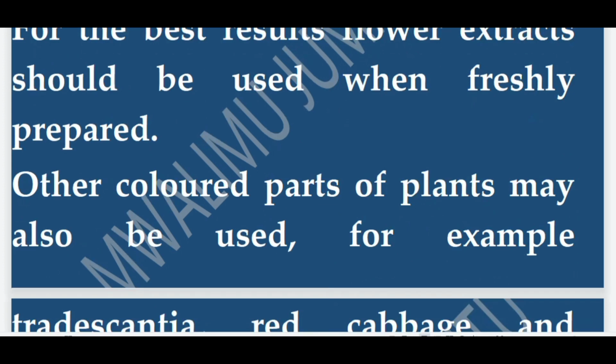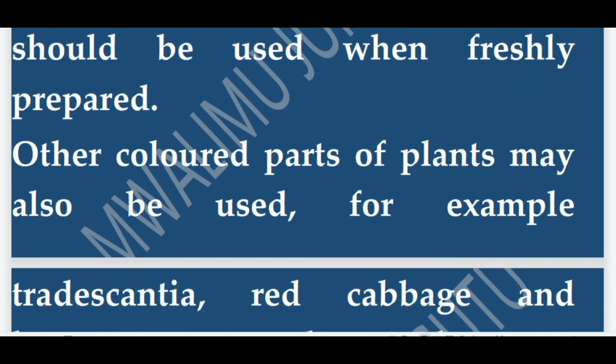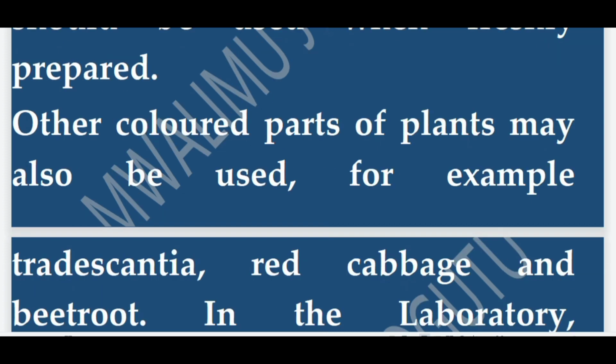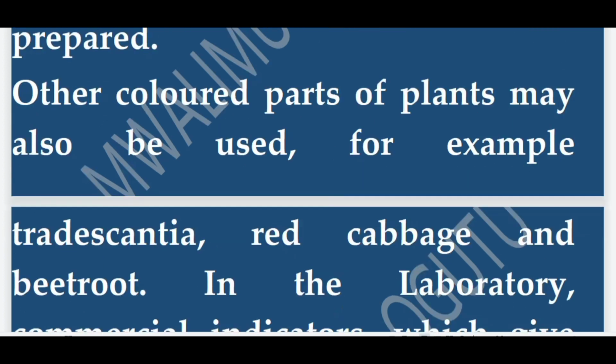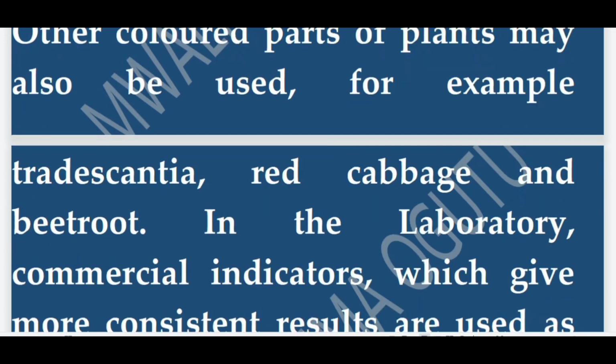So, other colored parts of plants may be used. We not only use the flower petals, but other parts of the flower may also be used. Examples are Tradescantia, red cabbage and beetroot. They can also be used.